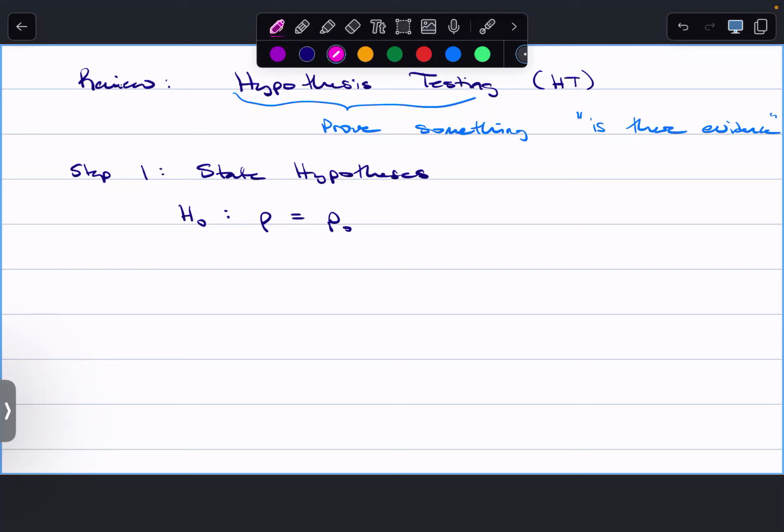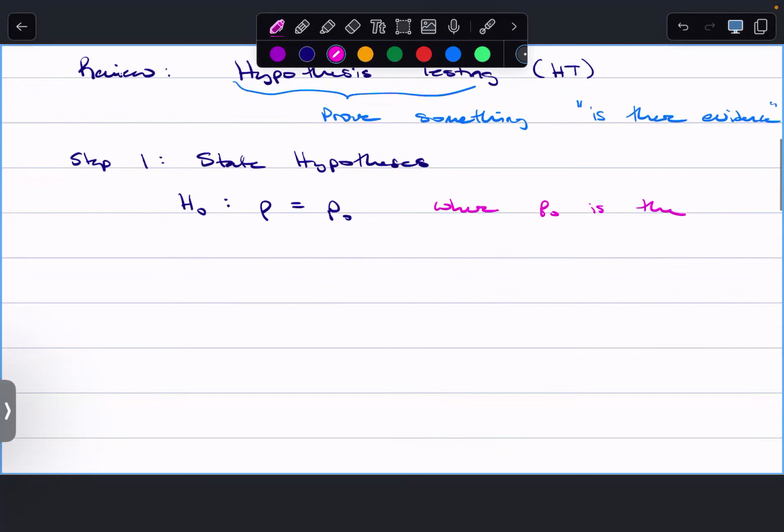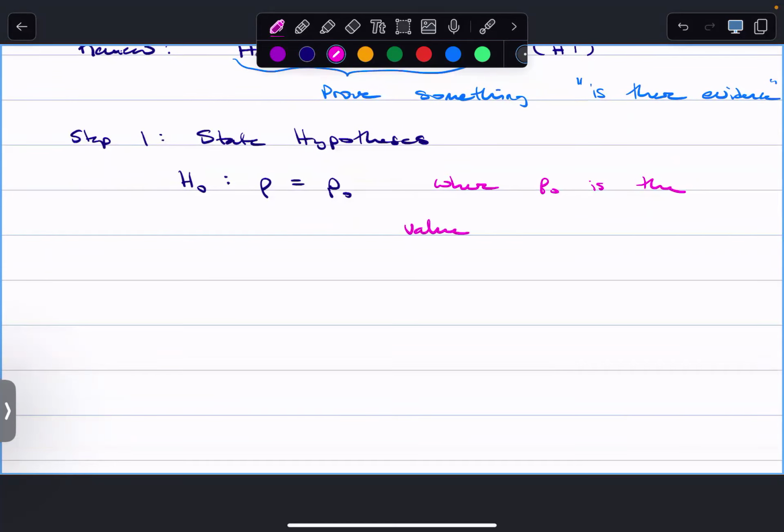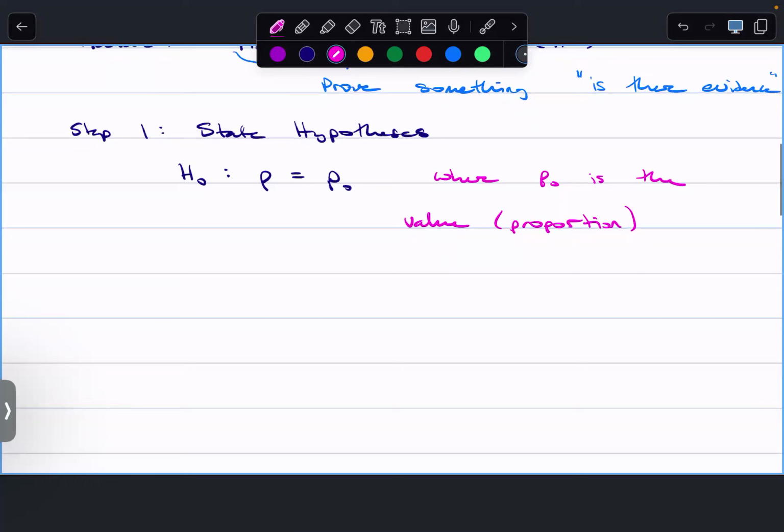Where P naught is the value, in this case a proportion, we want to compare the sample proportion to.